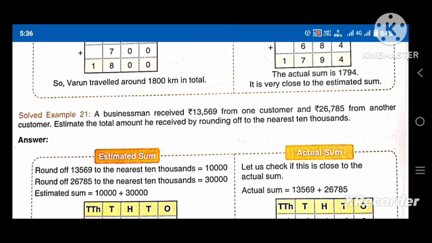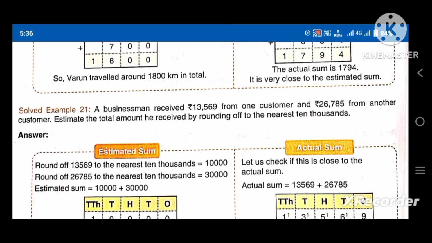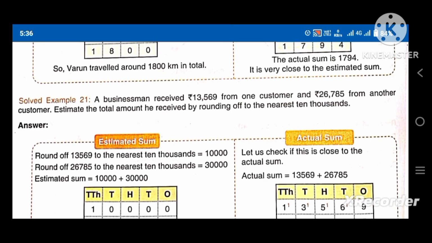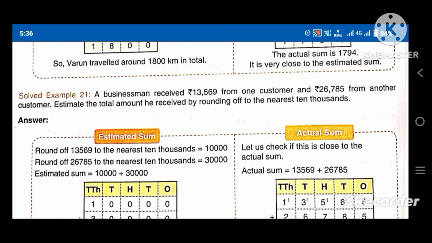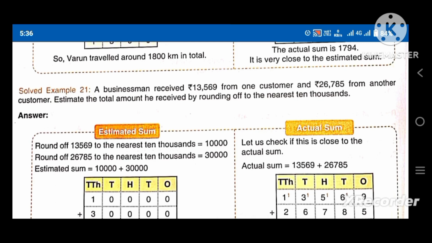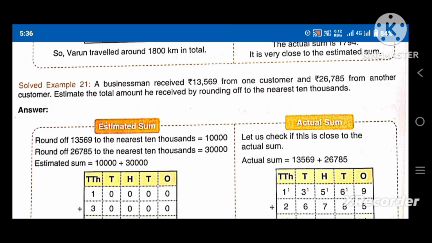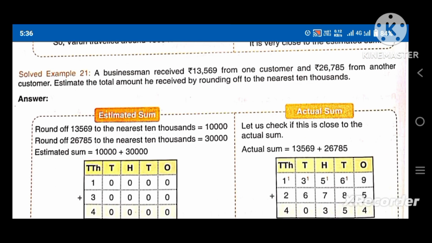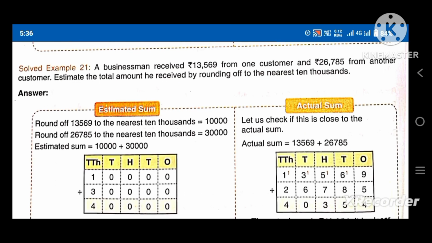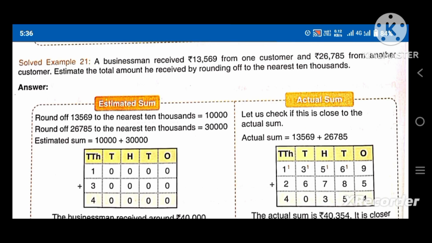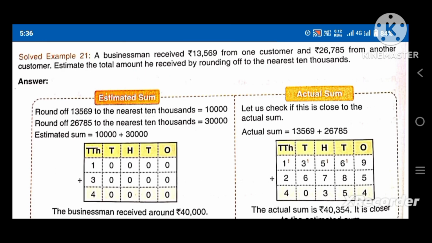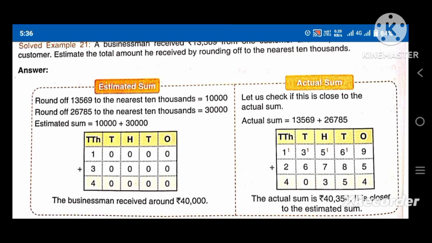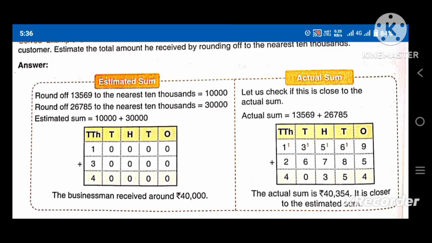Estimated sum is equal to 10,000 plus 30,000. The businessman received around 40,000.